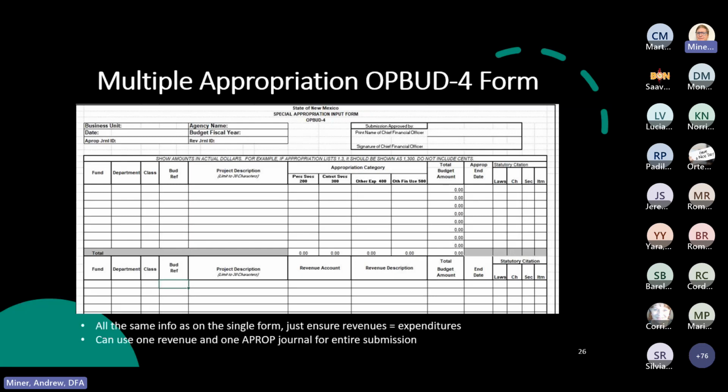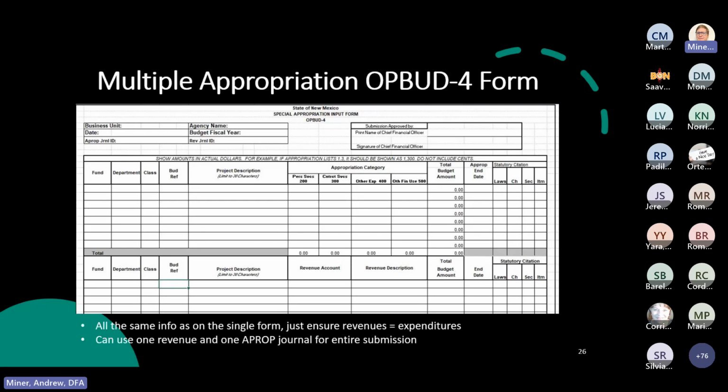So you've just got one line per appropriation. The expenditure side is on top and the revenue side is on bottom. So put them all on both sides and make sure they total up to what they should be, and then create journals to match them. And then you're good to go. You've got one submission for all your different appropriations. So we really hope that helps out. We've seen a lot of agencies taking advantage of this new form, and I think that's really nice. So please make use of this.